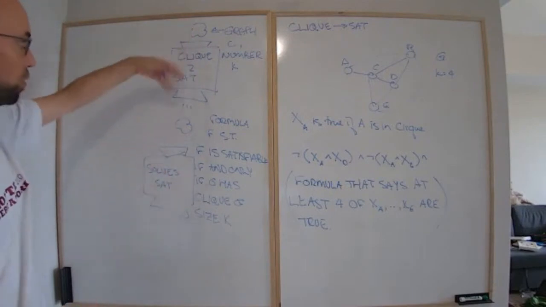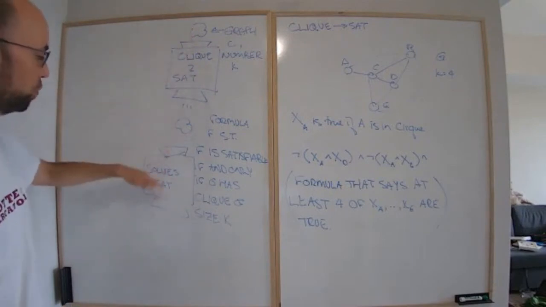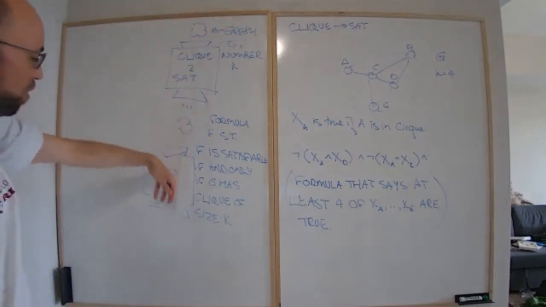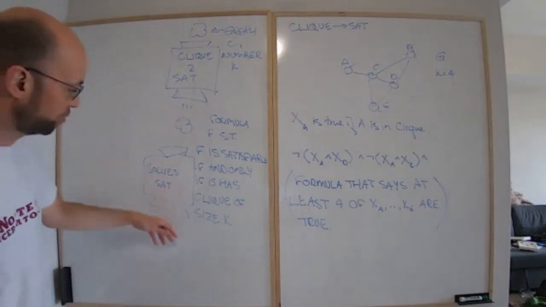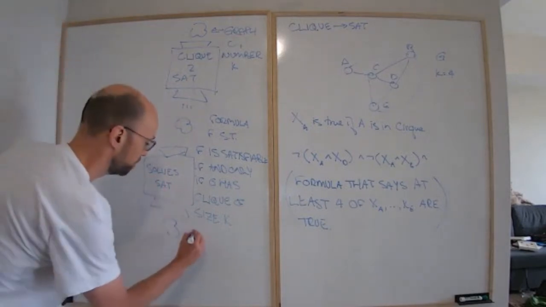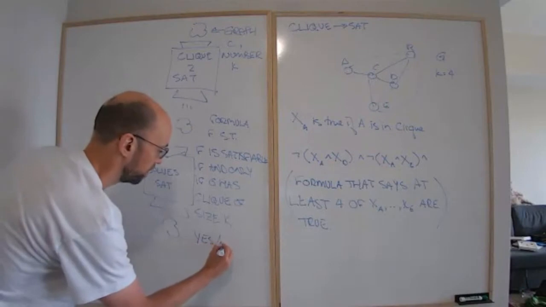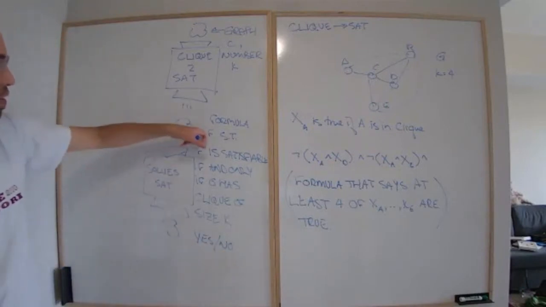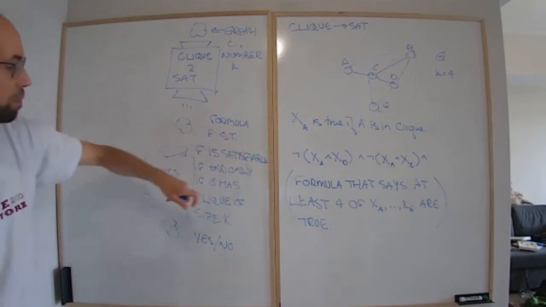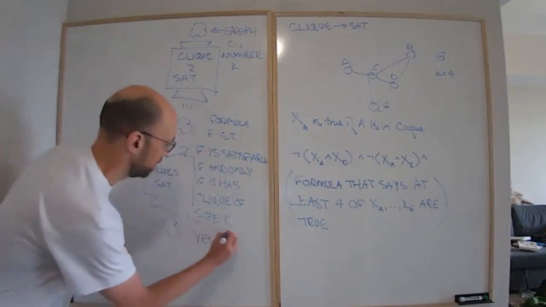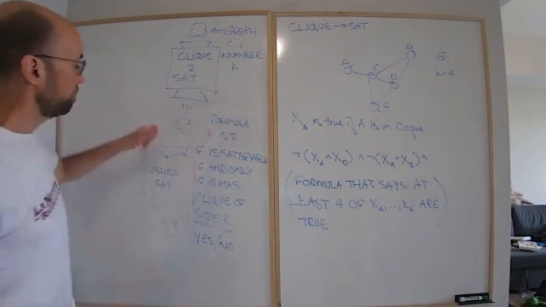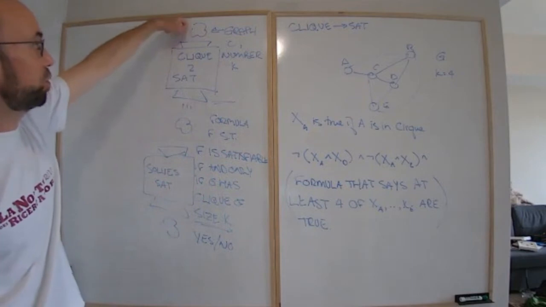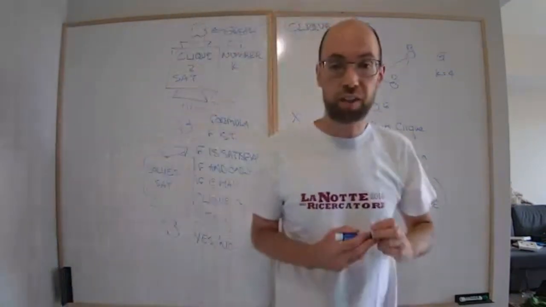If this works in polynomial time, then dropping this piece of paper in, it will all work in polynomial time, and it will drop out a yes or a no. This will be the answer to whether or not F is satisfiable. But because of the way we constructed this, that will be the same as the answer to whether or not G has a clique of size K.